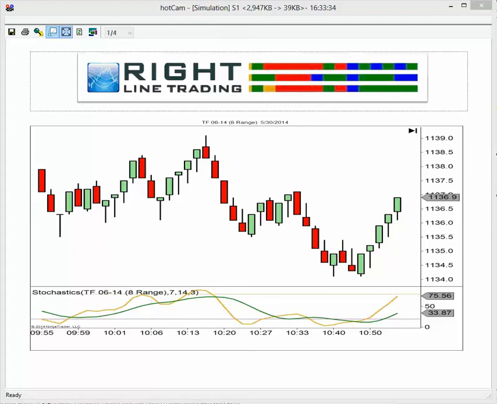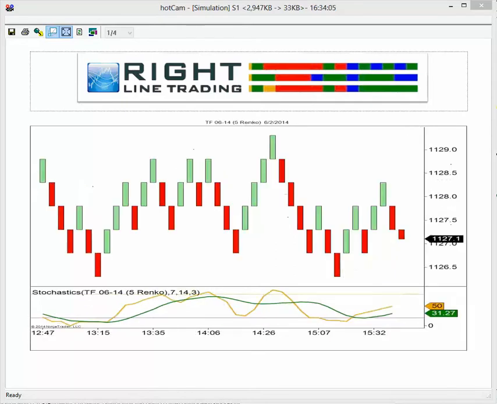If you take a look at this range bar chart, you can see that each of these candles gives you a high, a low, an open and a close. And this allows you to accurately trace out this oscillator line.